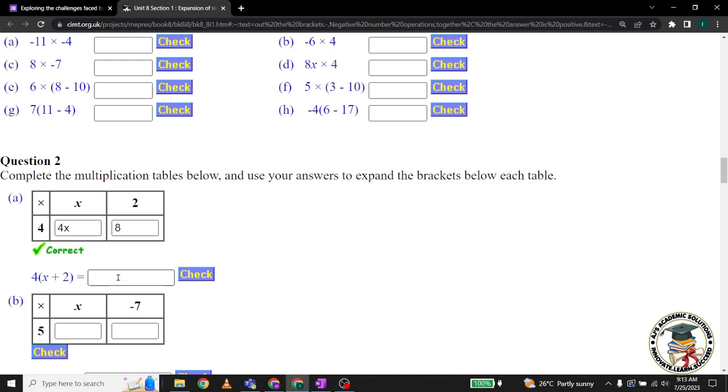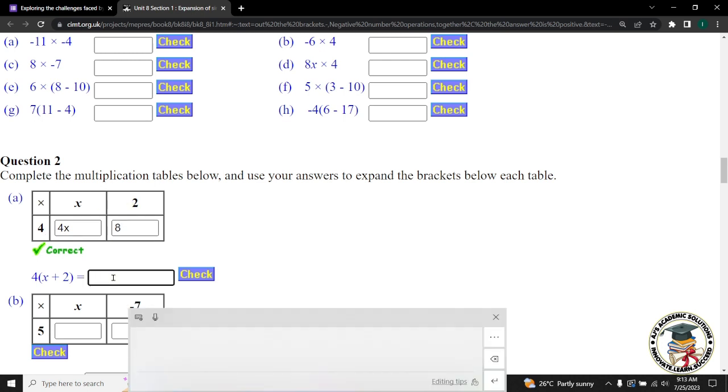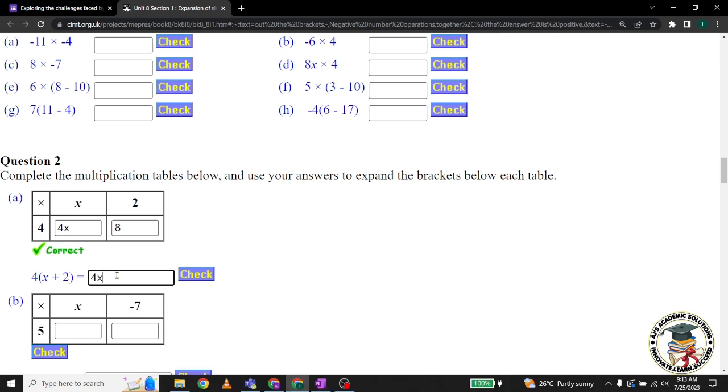So if you look here, we have 4, and then you see multiplication, x and 2. So 4 and x is 4x, 4 and 2 is 8. So generally here, what you would actually have is 4x plus 8, and you just would tap check.